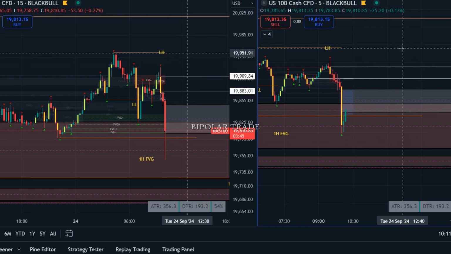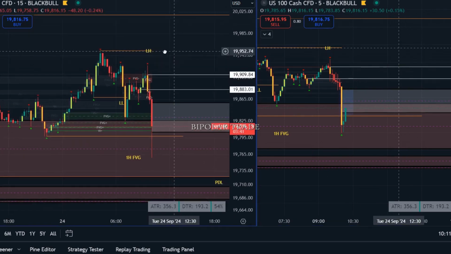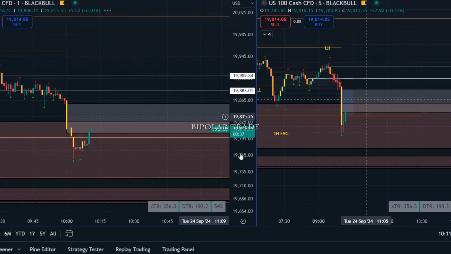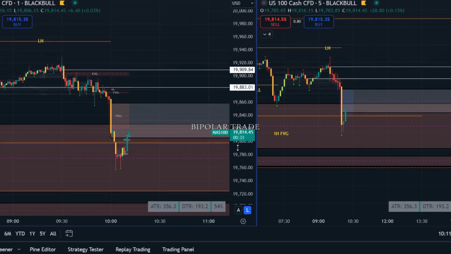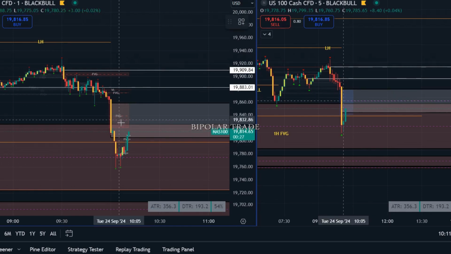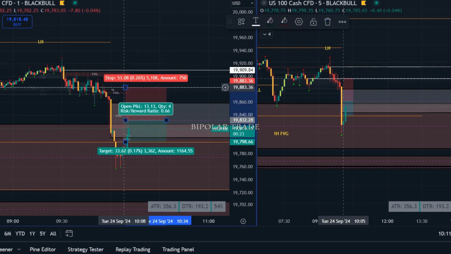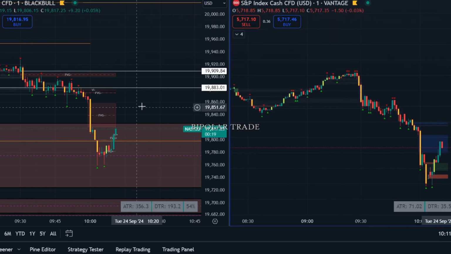I'm gonna see if it's gonna respect this midpoint of the 5 minutes fair value gap. So even if we short this, we need to see if there is any SMT here.